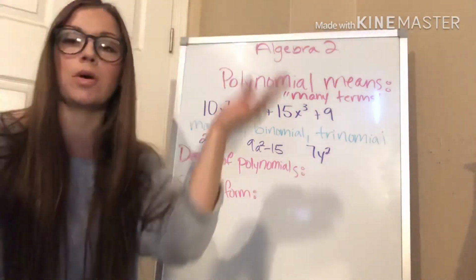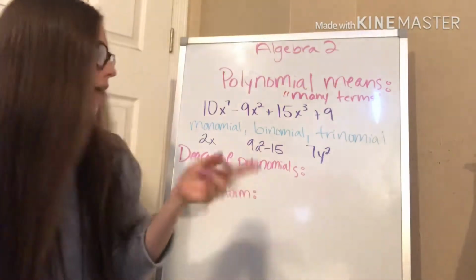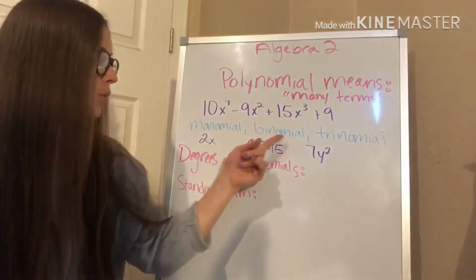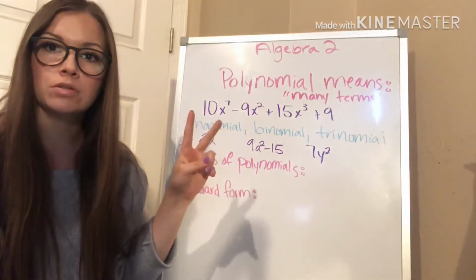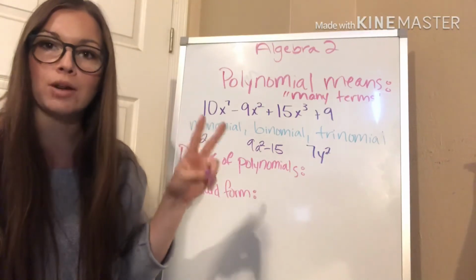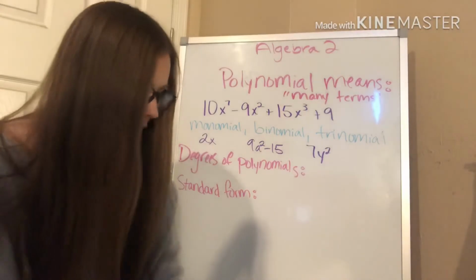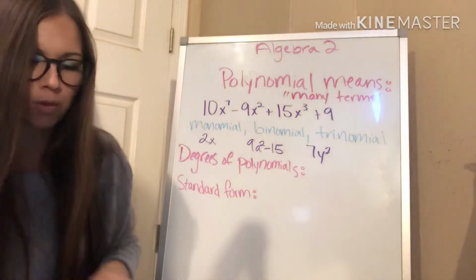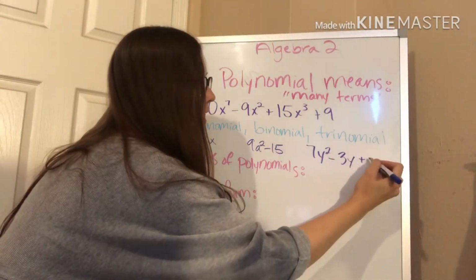They're all still under the polynomial umbrella, but they are subclassified as monomials, which is just one term. Binomials, like 9a squared minus 15, that's two terms. Okay, so monomials 1, binomials 2, and then trinomial is 7y squared minus 3y plus 4.